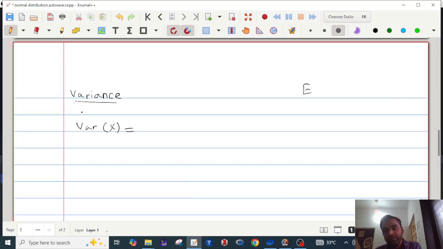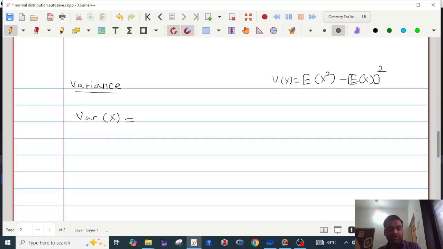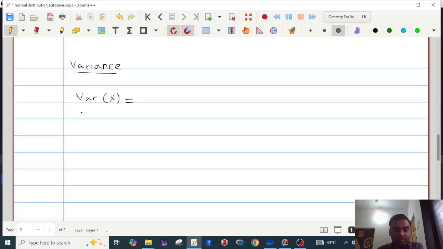Either we will find out expectation of x square, and we will use the definition variance of x is equal to expectation of x square minus expectation of x bracket square. This is one way, or we may use the definition of variance. In this case, to find out the variance of normal distribution, we will use the definition approach.